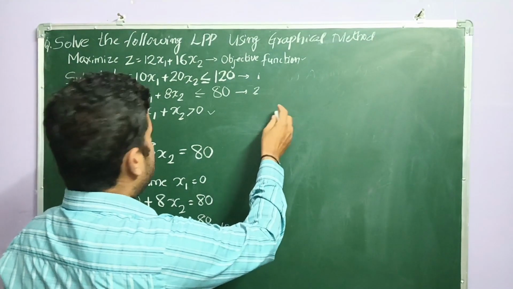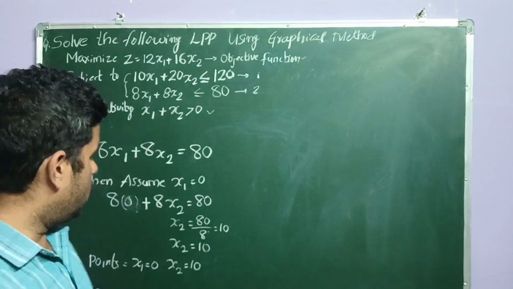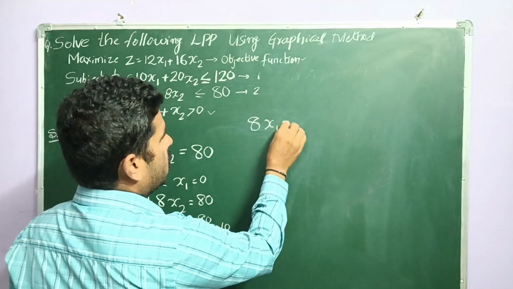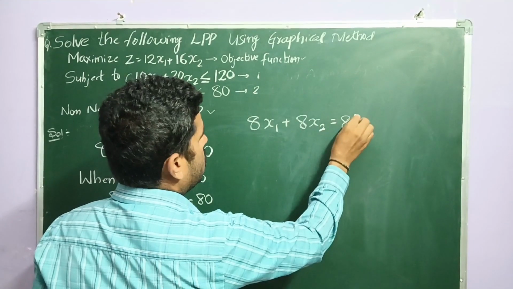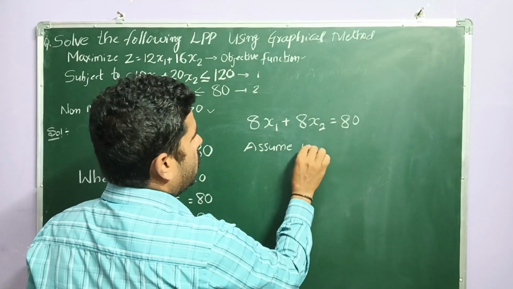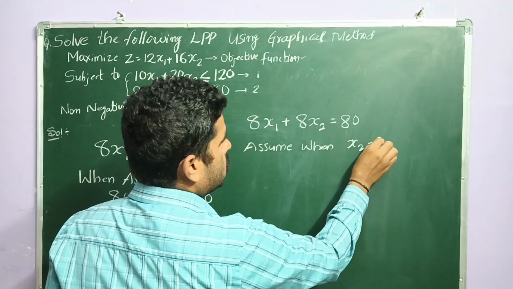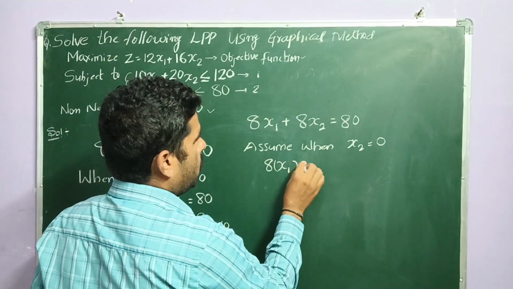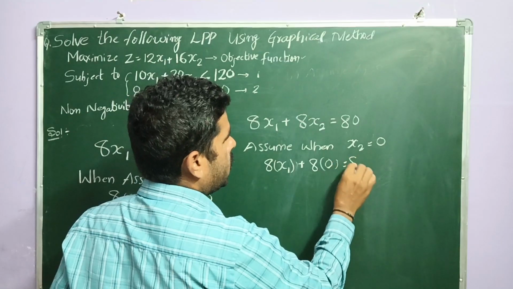Continuing, we need to find the x1 value now. 8x1 plus 8x2 is equal to 80. Assume when x2 is equal to 0, that is 8 into x1 plus 8 into 0 is equal to 80.